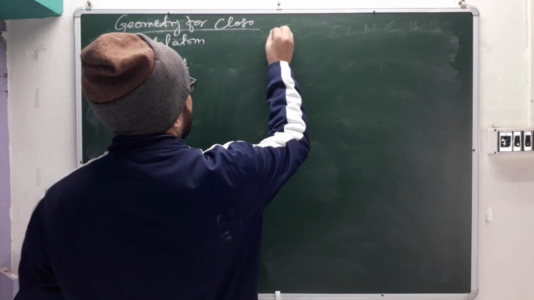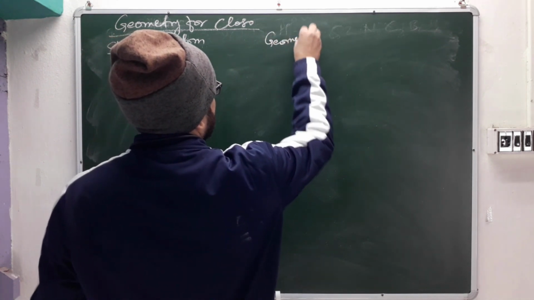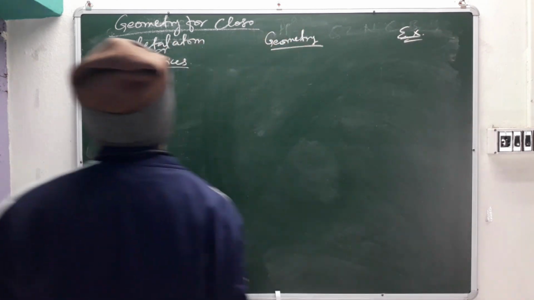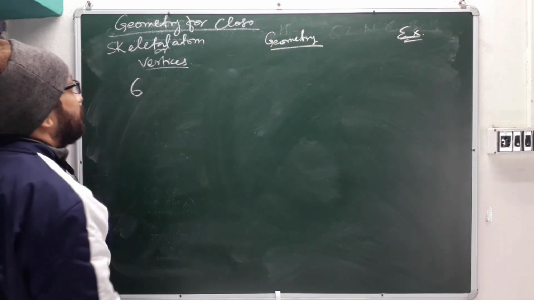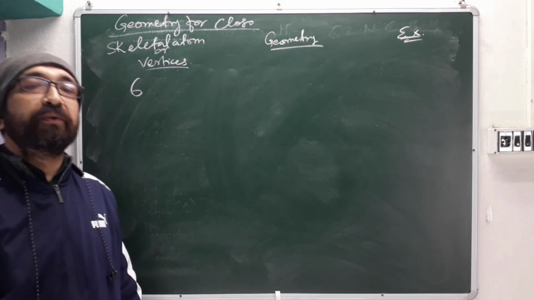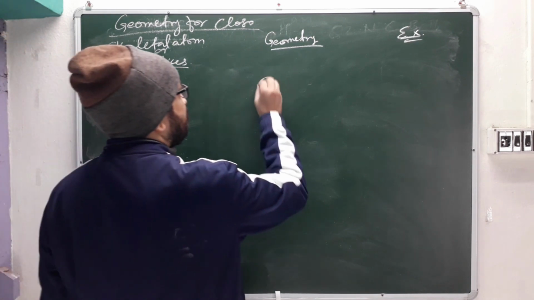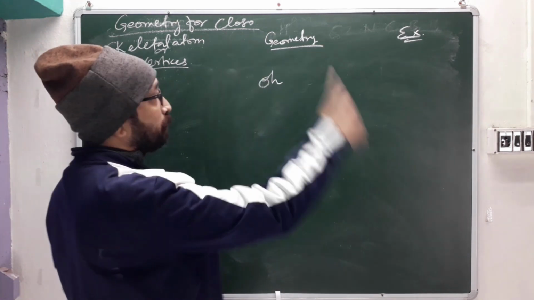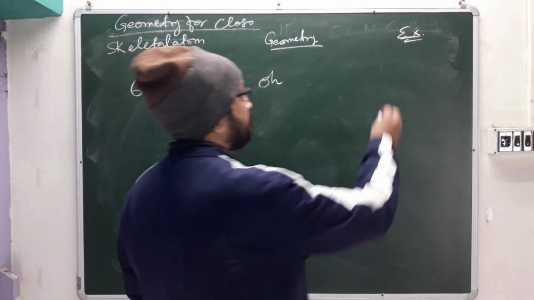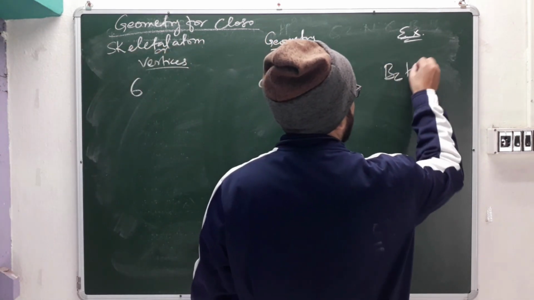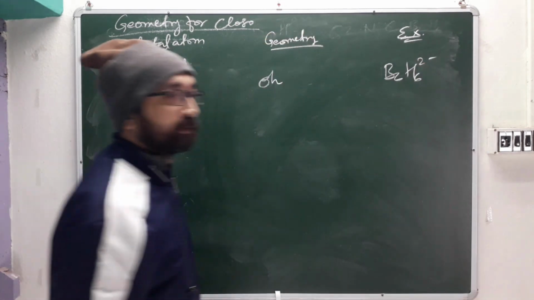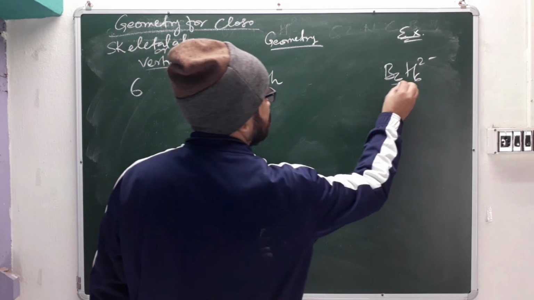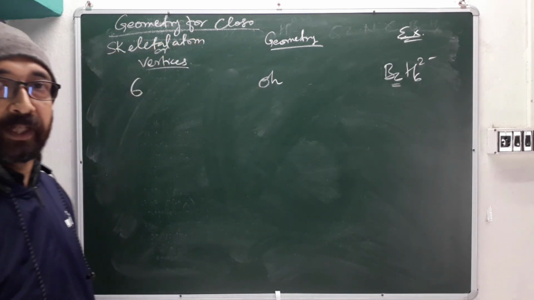Then here it will be geometry, and here example. The first will be 6. If the skeletal atoms or vertices are 6, we all know the geometry will be octahedral. It is not going to change, and all the molecules should be closo. So here it will be B6H6 2 minus, because this is only skeletal atoms or vertices. 6 is there, so 6 skeletal atoms, right?